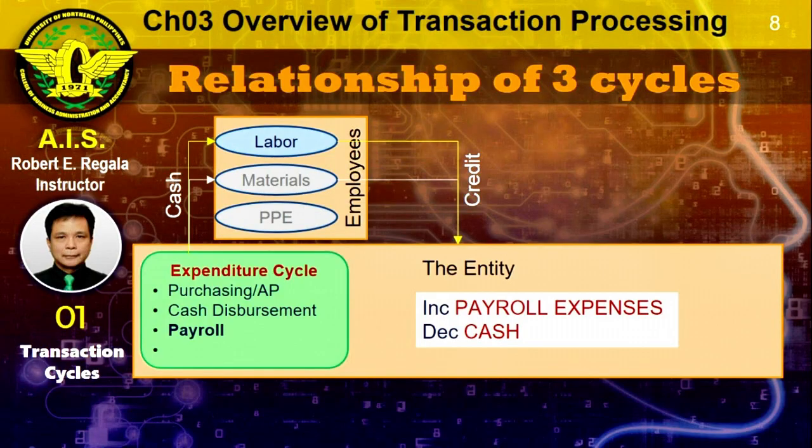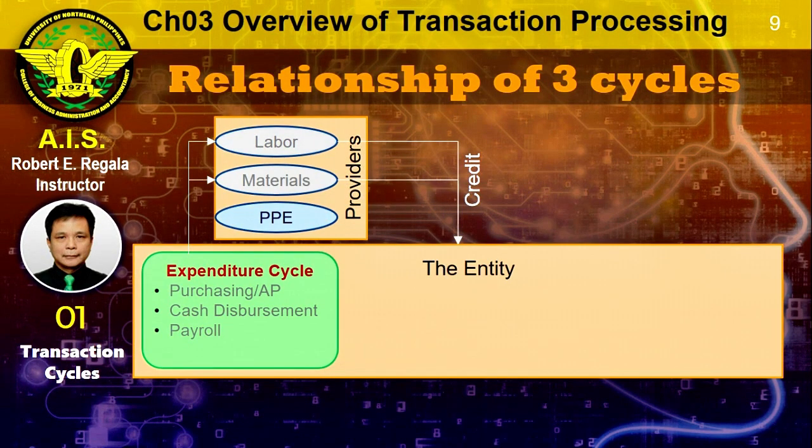Some deductions are also remitted to organizations within the entity, such as union dues and other deductions authorized by the employee, such as loan amortization. These payables are liquidated in cash when the entity remits the deductions to the appropriate recipient organizations.